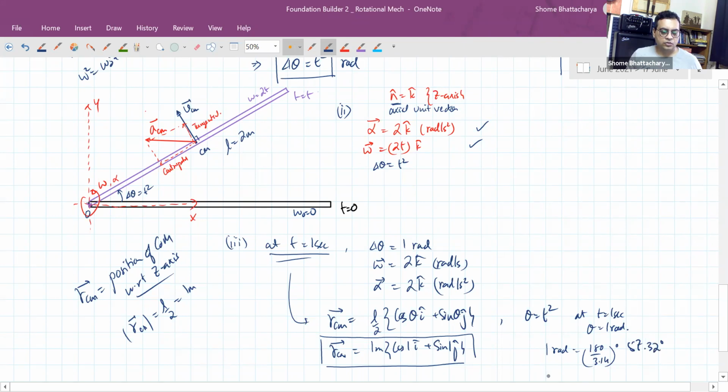So cos 1 radian will be about 0.53 and sin 1 radian will be about 0.83.